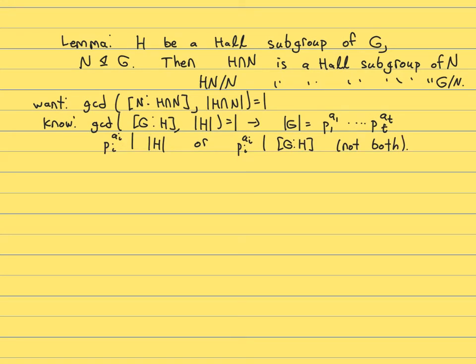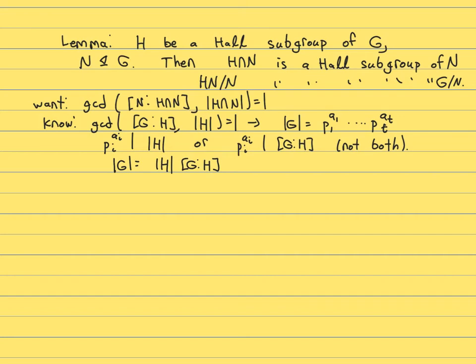Because if you ever had a smaller power of that prime divide the order of H, well then you already know that the order of G factors as the size of H times this index. And so you would see, for instance, if you had a smaller power dividing H, then the leftover power would have to divide the index. And then there would actually be a common factor, which is a contradiction.